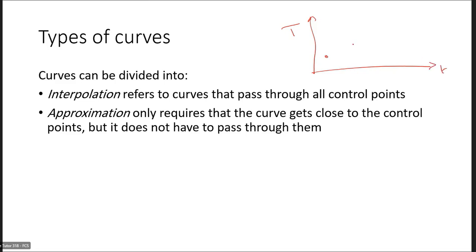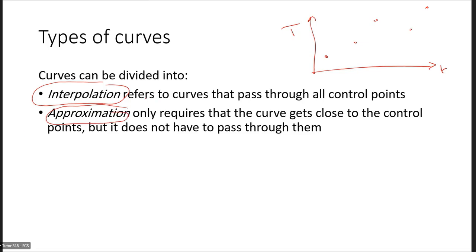And then we have a point measured at some point, and we have a curve like this. Or we measure at 5 points and we have this measurement. Now how can we make this curve? So here we need a curve. We have two options here to make a curve. We can make interpolation or we can make approximation.